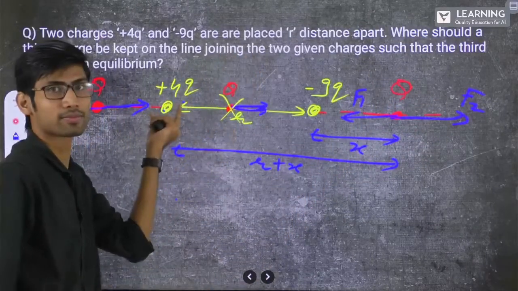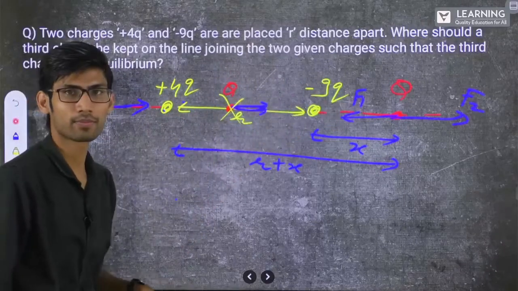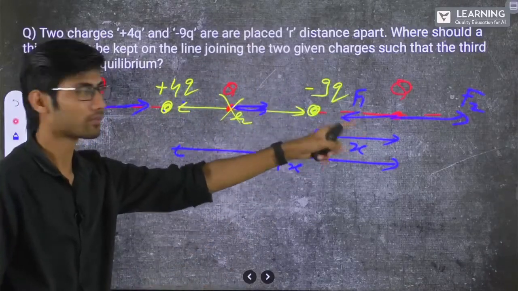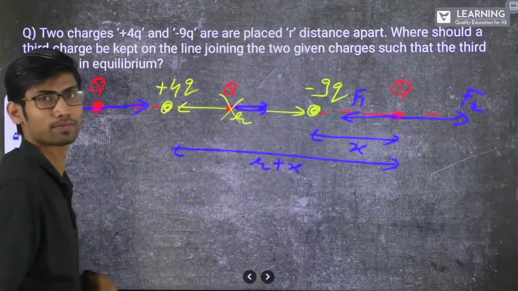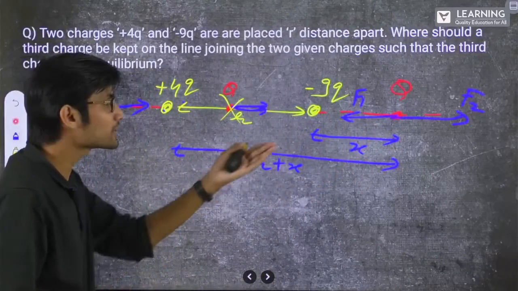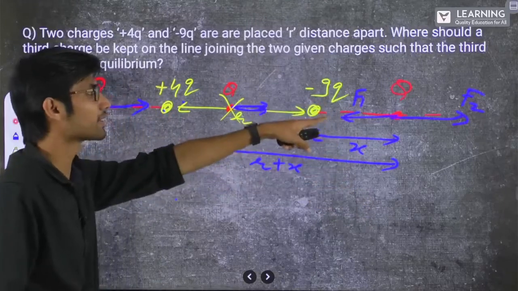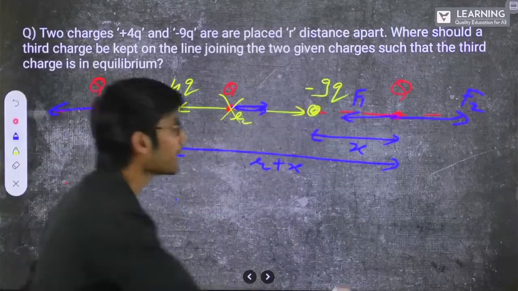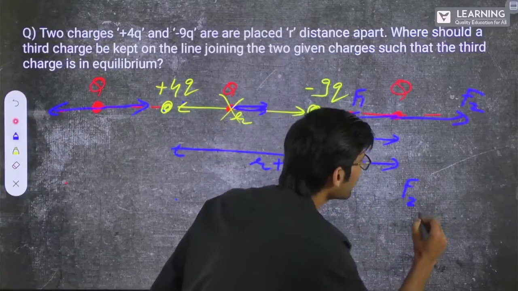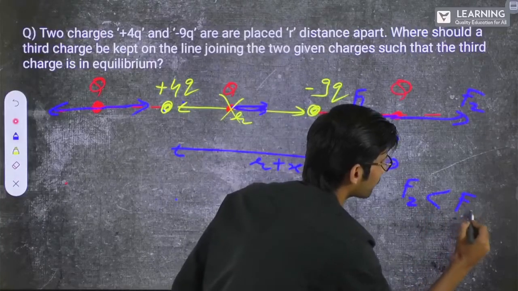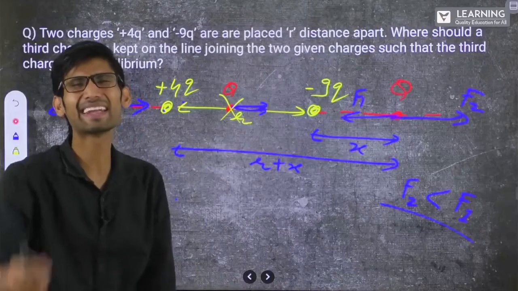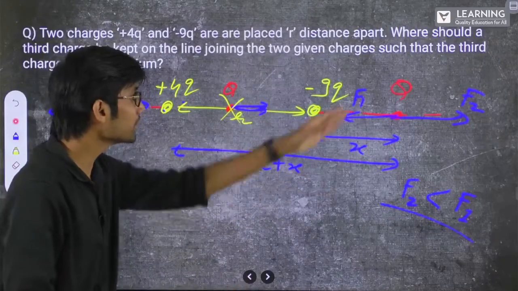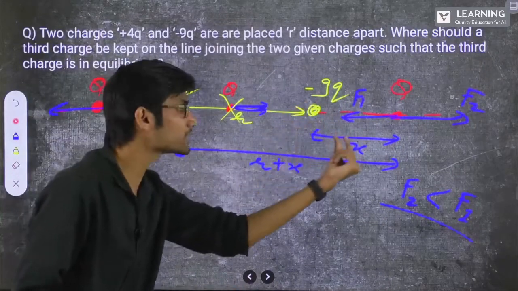The charge is less, because of which the force experienced will be less compared with this. And the distance is also more. That means the force will definitely be lesser than the force due to this. F2 will always be less than F1. F2 can never be equal to F1.